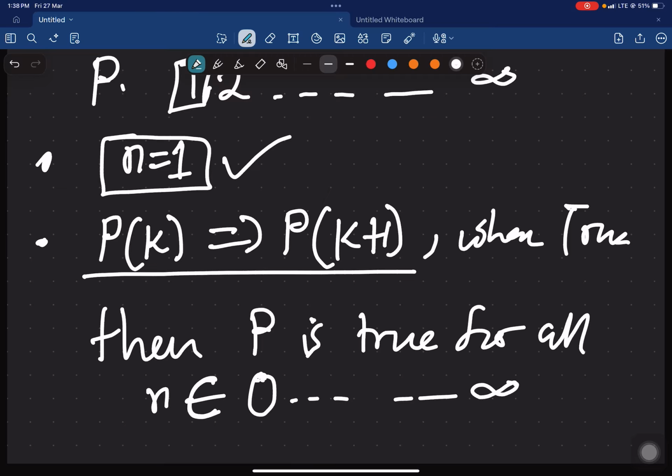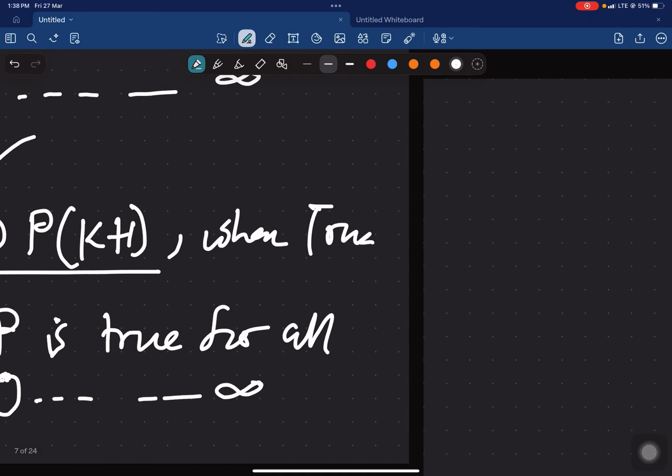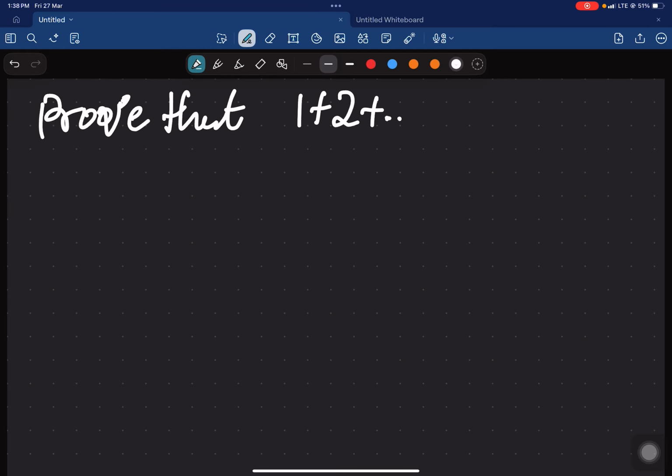The first example we are going to look at is to prove that 1 plus 2 plus up to n is equal to n multiplying n plus 1 all over 2.